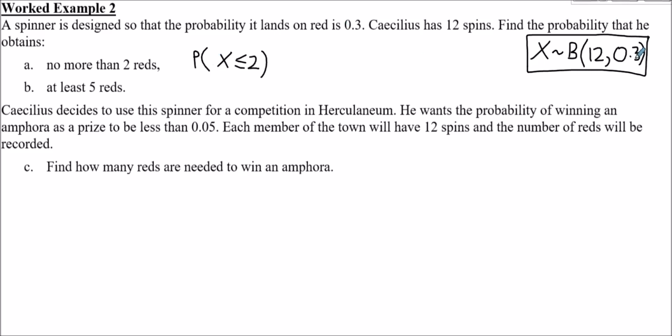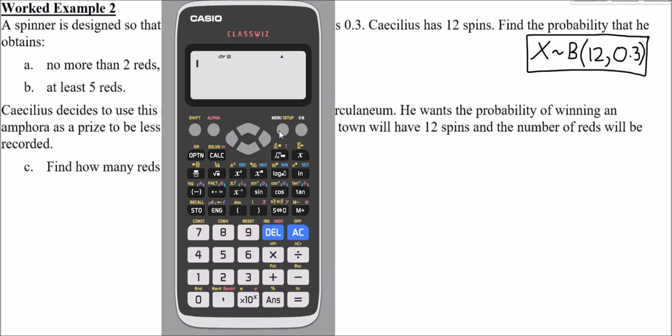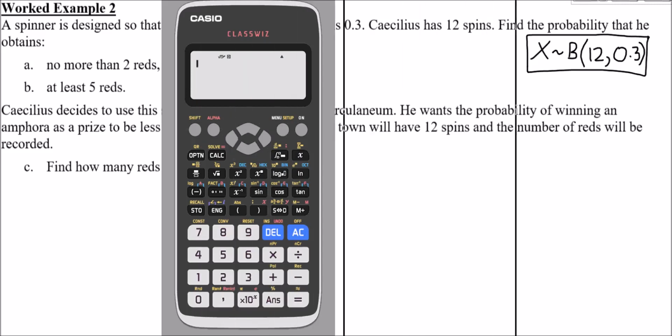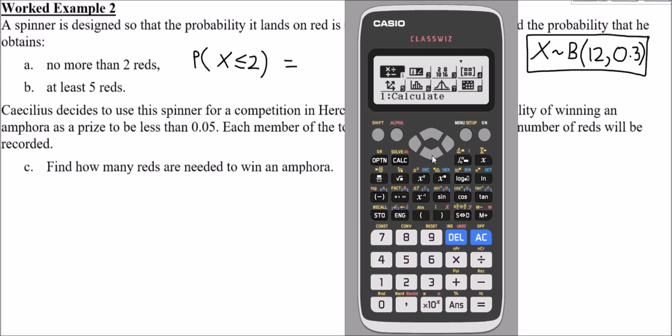So now we've got this, we can key this into the Classwiz or use the tables if you prefer, and for A we can work out the probability that x is no more than 2. So, just move this to the side. Menu, 7, go to binomial CD, now go to number 2, variable, like I said.